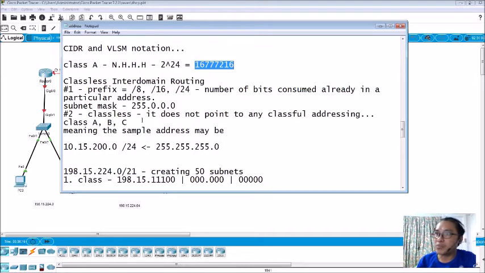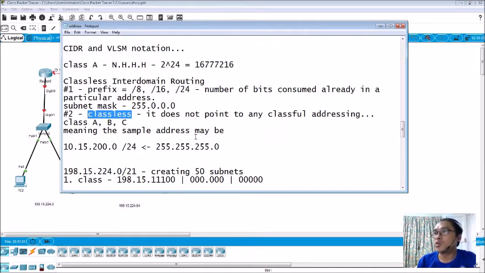It may not be a class A, class B, or class C. As we know, 10.15.100.0 may be a class A because the first octet belongs to the range of 1 to 126, so 10 is inside that range and is considered class A. But if you notice that the subnet mask of this address is /24, that means 255.255.255.0, which is the subnet mask of a class C. This contradicts the fact that a class A has a subnet mask of 255.0.0.0. So that makes this one classless.